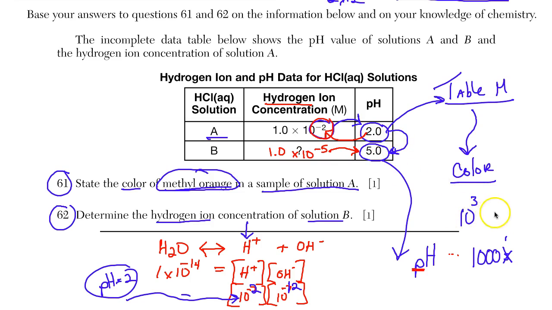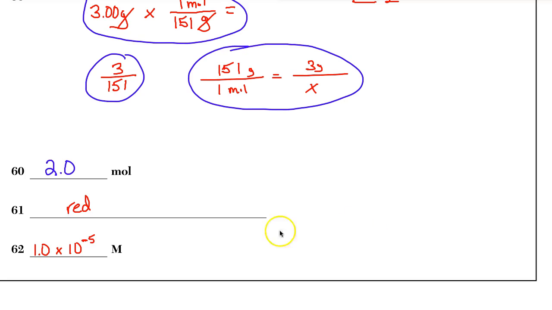It's an exponent. 10 to the 3 is 1,000. And why do I say the basicity increased 1,000 times? Because as the pH rises, the hydrogen ion concentration gets smaller and the hydroxide increases. Any case, the answer is 1 times 10 to the negative 5, number 62. So there's your answer. You certainly could have just put this 10 to the negative 5 would have worked.